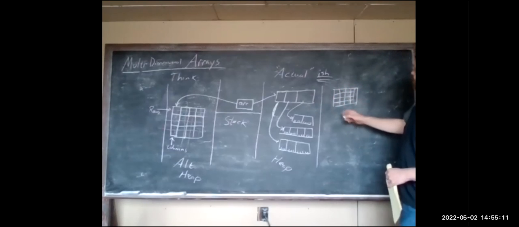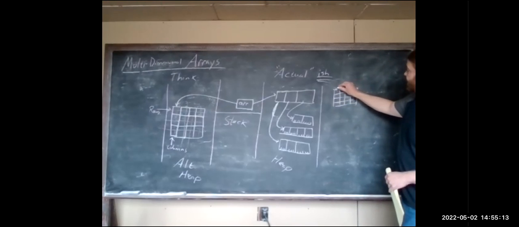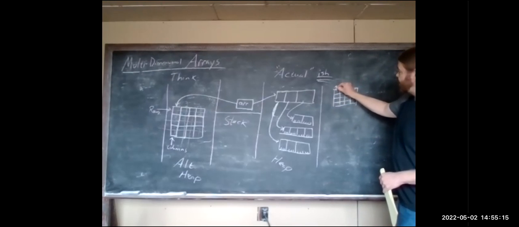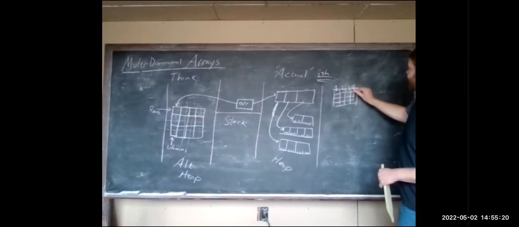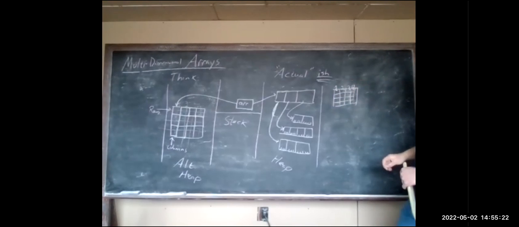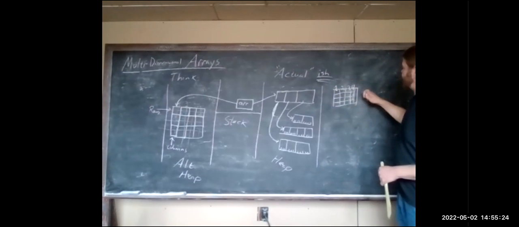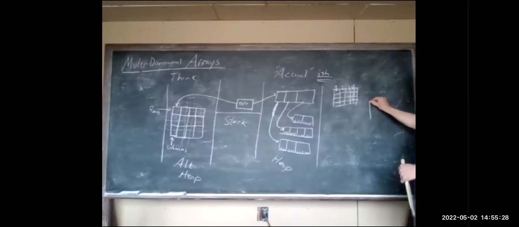Our things are organized into different columns. I'm just going to write 1, 2, 3, 4 for a simplified picture here. And then we might have another table that holds different data to organize it.